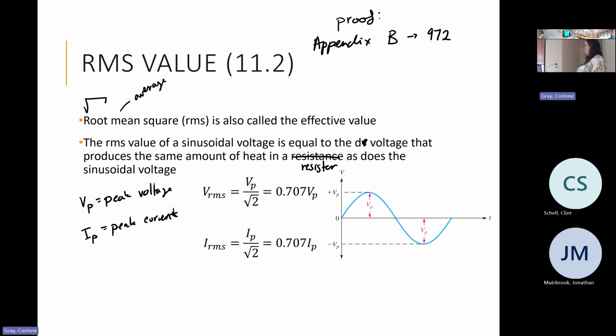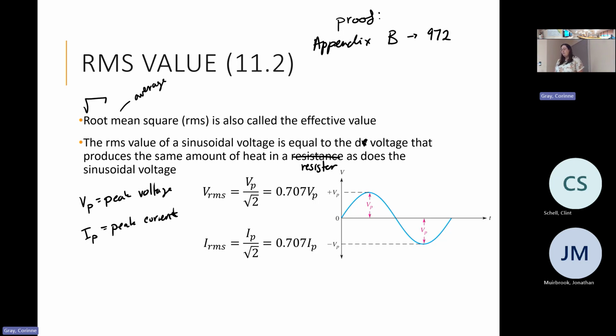What would I need to do? About the square root of 2. Yep. And I kid you not, that is proved in the textbook. So if you have RMS and want to go to peak, just multiply by the square root of 2.